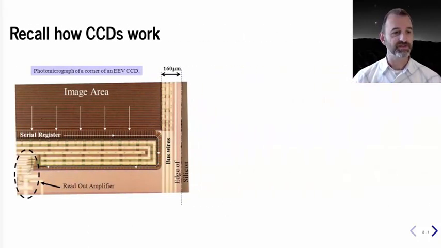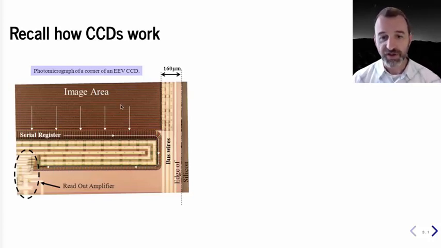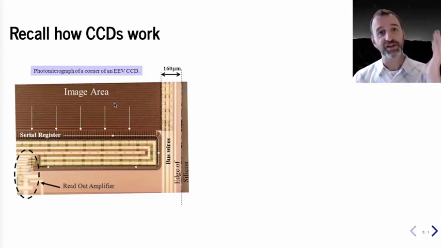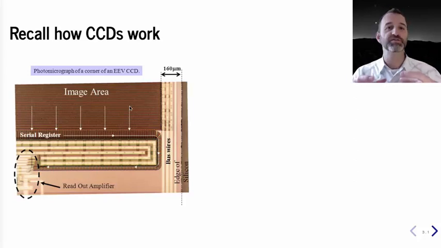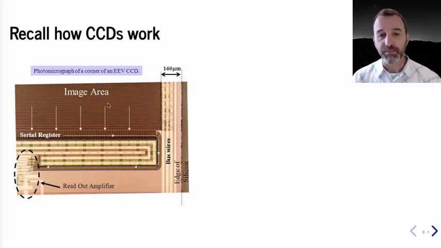All right, so let's begin by reminding you how CCDs work. Photons are incident on some detector area. They excite electrons in the valence band up to the conduction band, and then they get trapped in potential wells set up by voltages that we regulate on the CCD.